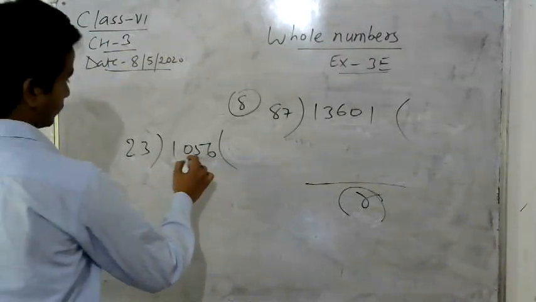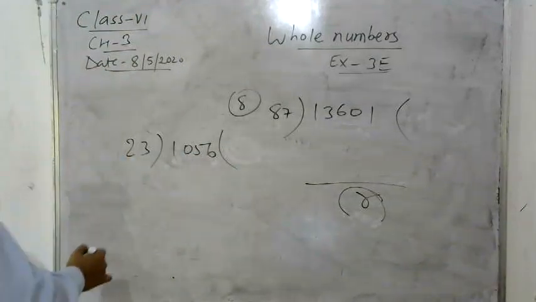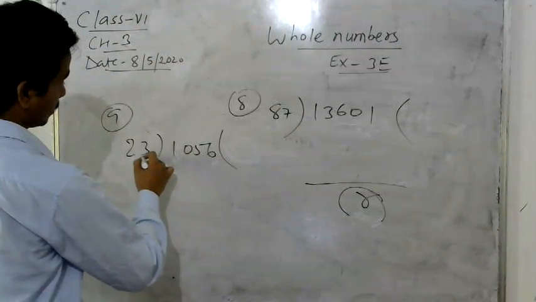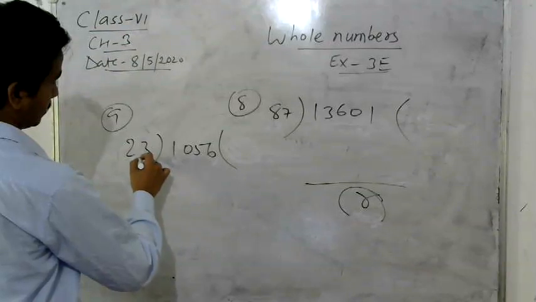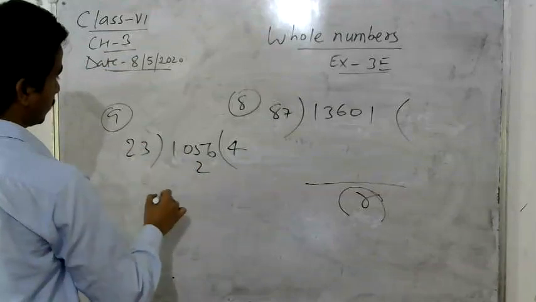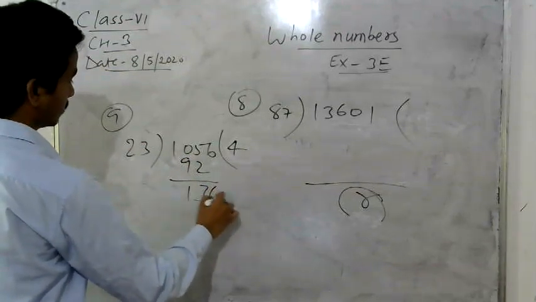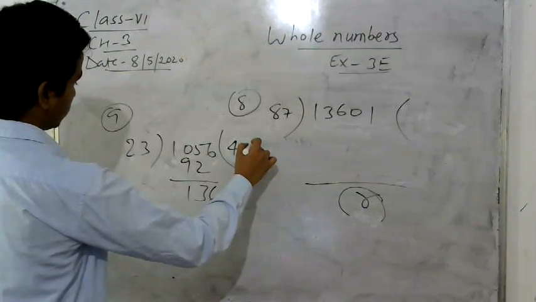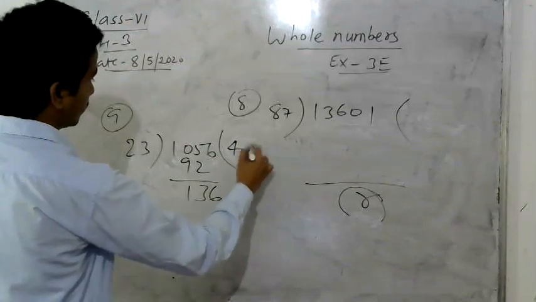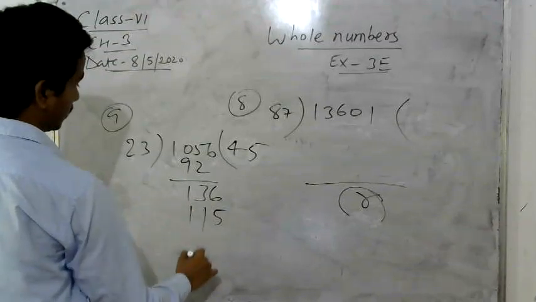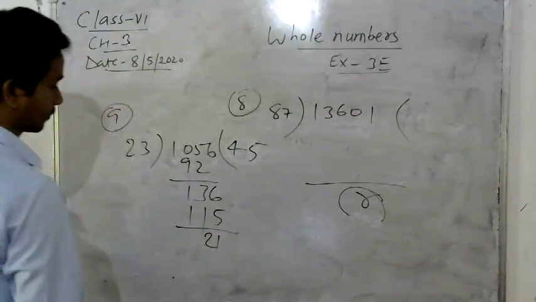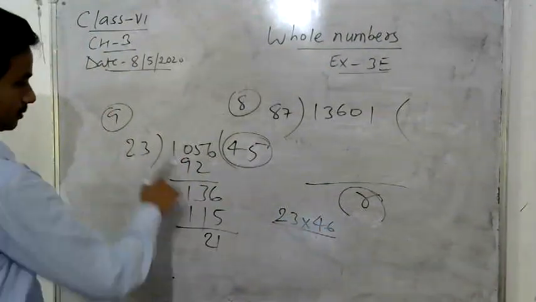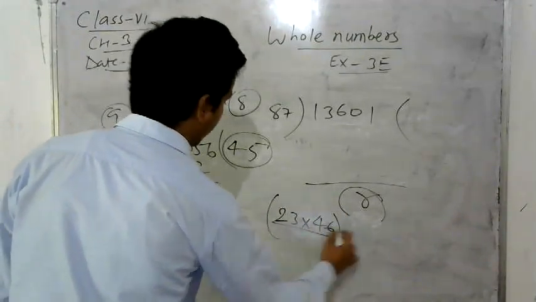For example, this is question number 9. Dividing by 23, the quotient comes out to be 45, with remainder 21. So you have to multiply 23 by 46, one greater than that quotient, and then subtract 1056 from it.